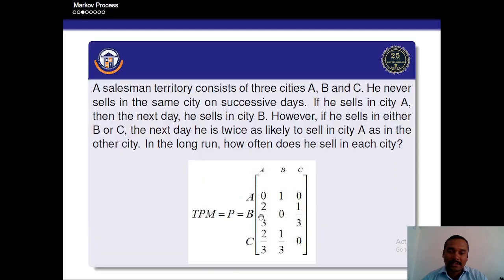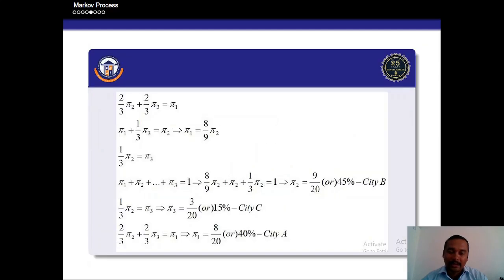So this is the statement of the problem. If he follows this manner, at the end of this month, the sales rate for each city is 40, 45 and 15% for the cities A, B and C respectively.